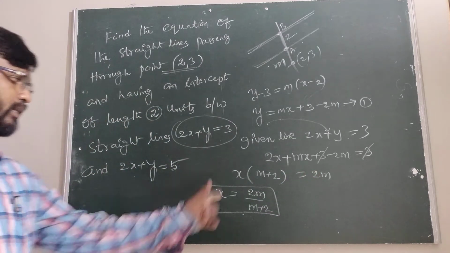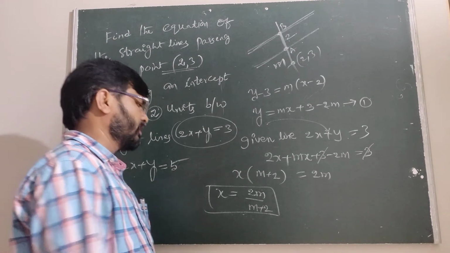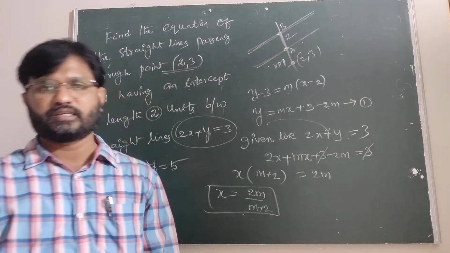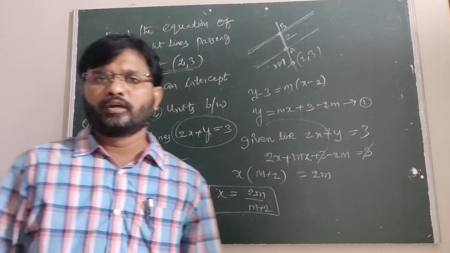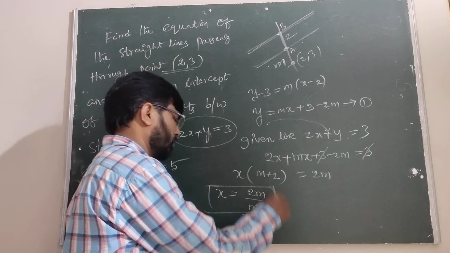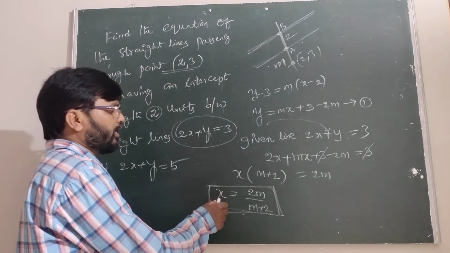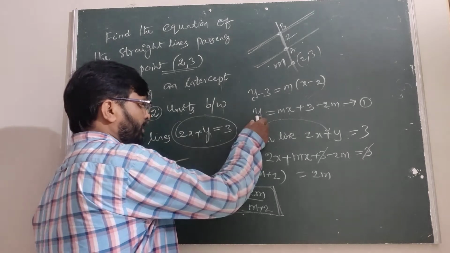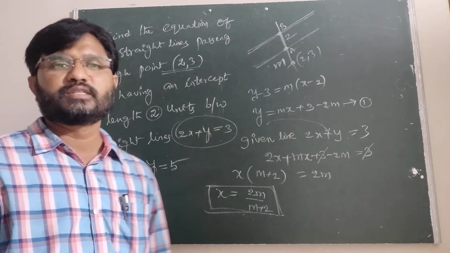Please concentrate on this. Yesterday, I made a small mistake in the point of intersection. You can observe it in yesterday's video. So the simple mistake is only in finding the point of intersection. We have to find y. So one more option is there here.